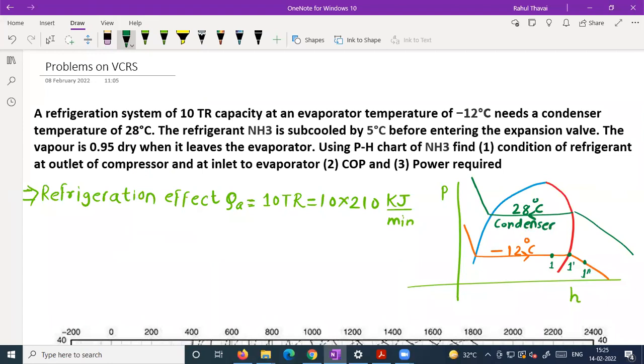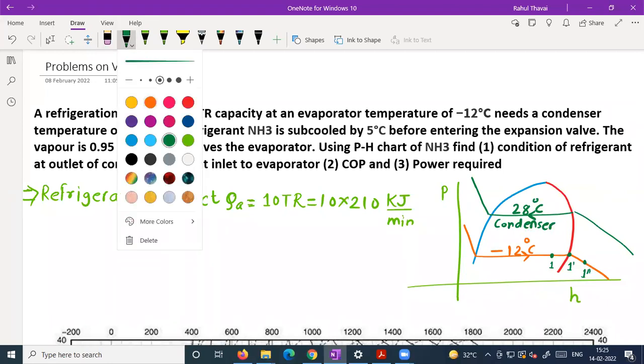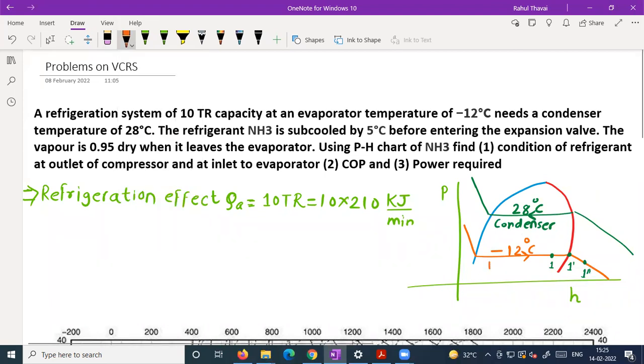What about below? It's the evaporator temperature, so obviously that process occurs in an evaporator. This is the condenser pressure, condenser temperature. This is the evaporator temperature.